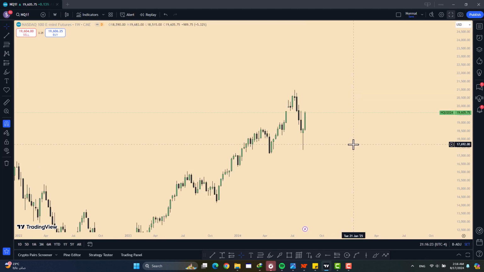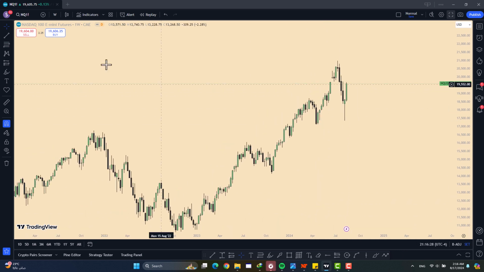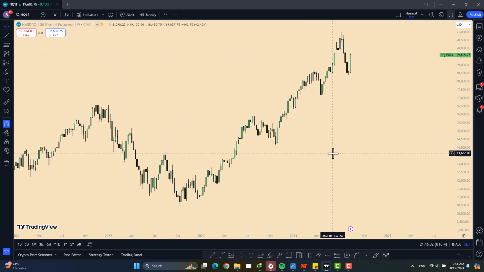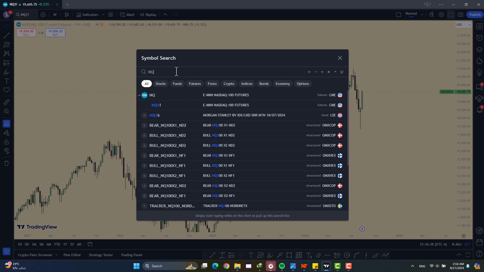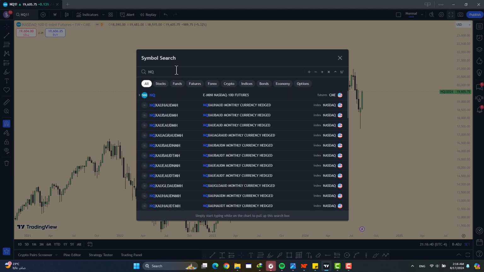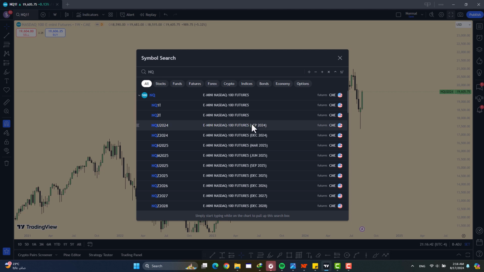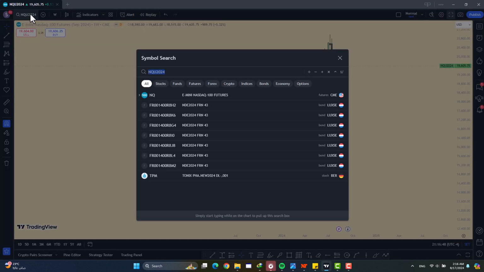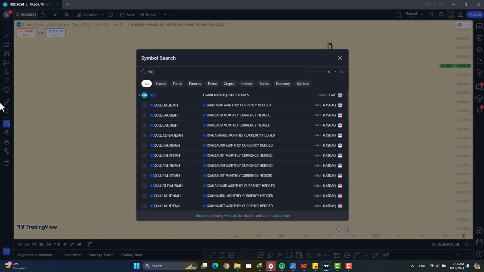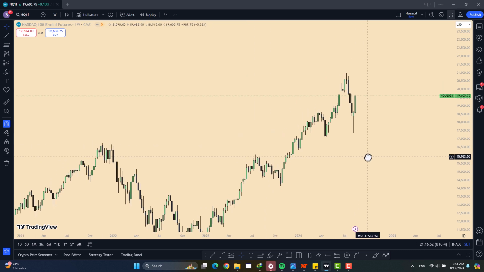All right, so let's do the NQ continuous chart, because if you only choose the current contract, it won't show this price action right here. So this is the current contract. If we click on it, we get this. But let's choose this one instead.